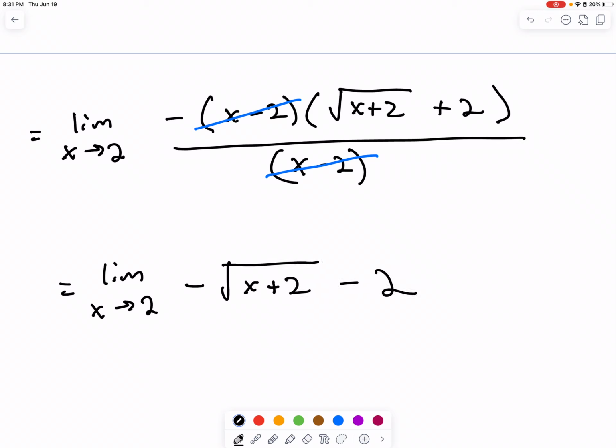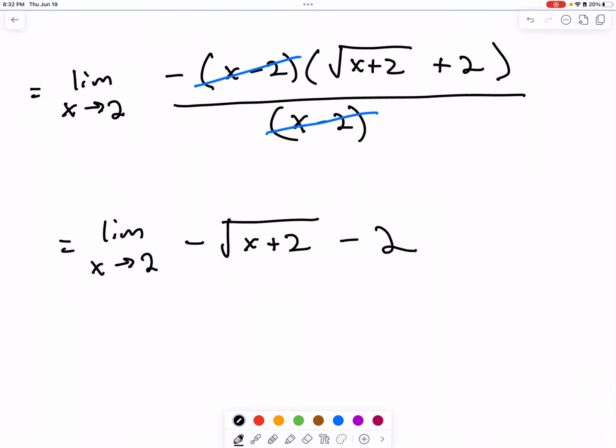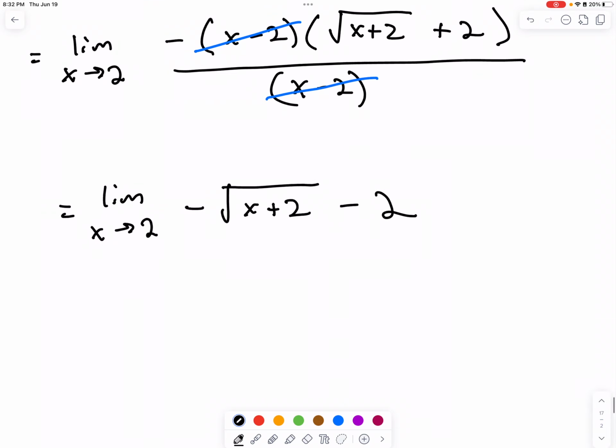So now that we were able to do that cancellation, we should be able to plug in. If we plug in or evaluate the limit, we're going to have negative square root of 2 plus 2, which is a 4, minus 2. Ultimately it's going to be a negative 4, right? Square root of 4 is a 2. Negative 2 minus 2 is negative 4.